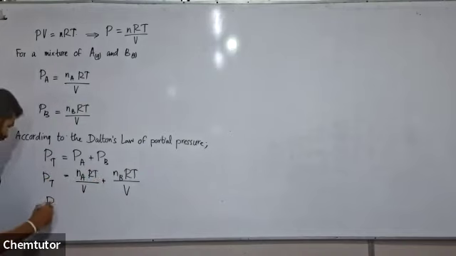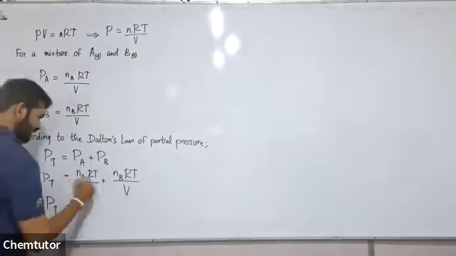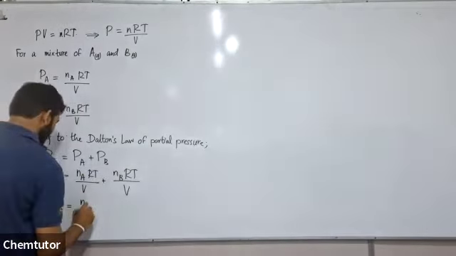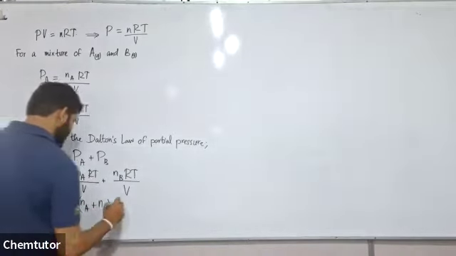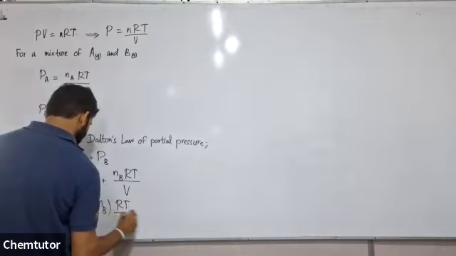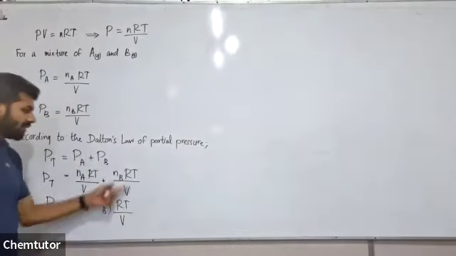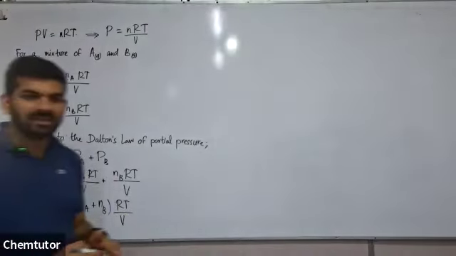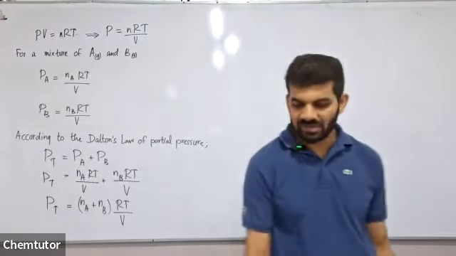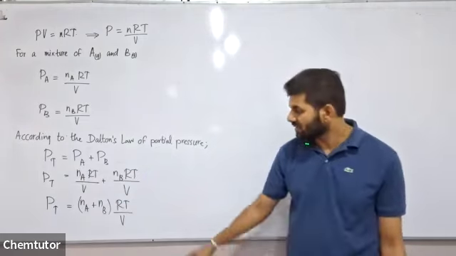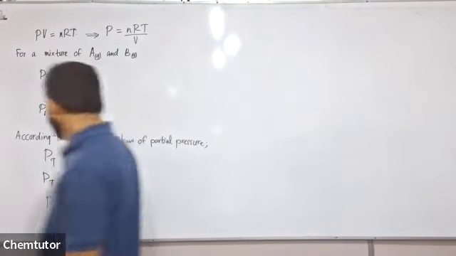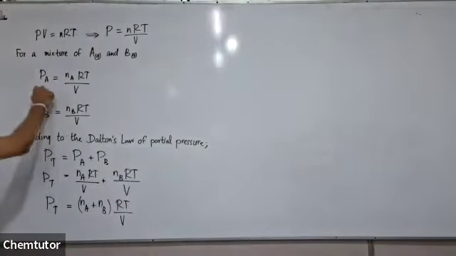Therefore, PT equals Na plus Nb times RT over V. Is it clear? So that's how we make this the subject. Then this is for the total pressure. Then the partial pressure of A is there, partial pressure of B is there.